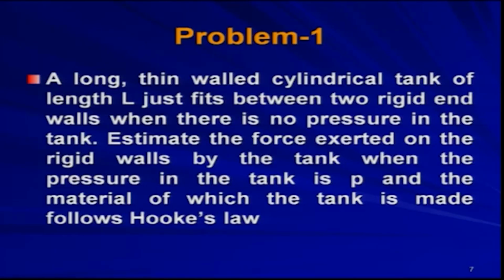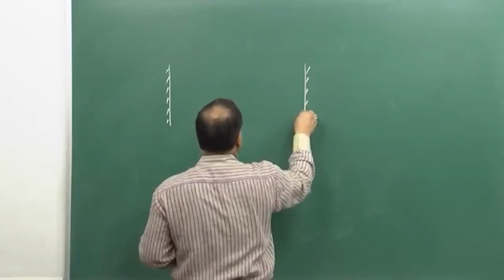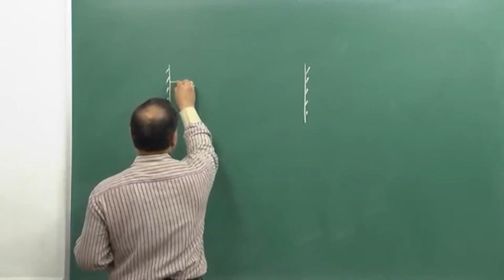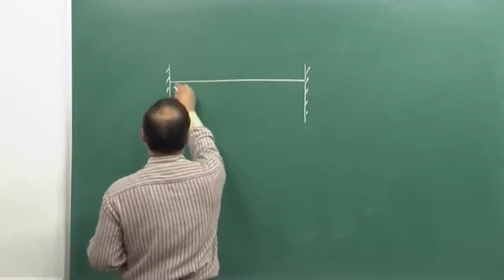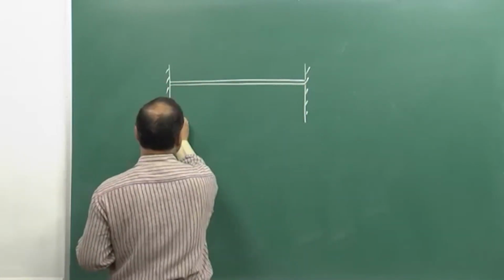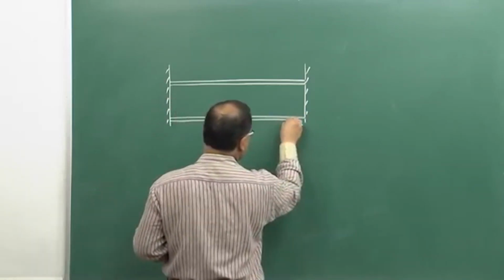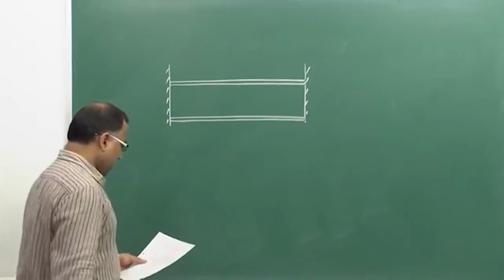So, let me draw the figure. Basically you have two end walls and you have a very thin walled tank which is just fitting between the end walls, okay.